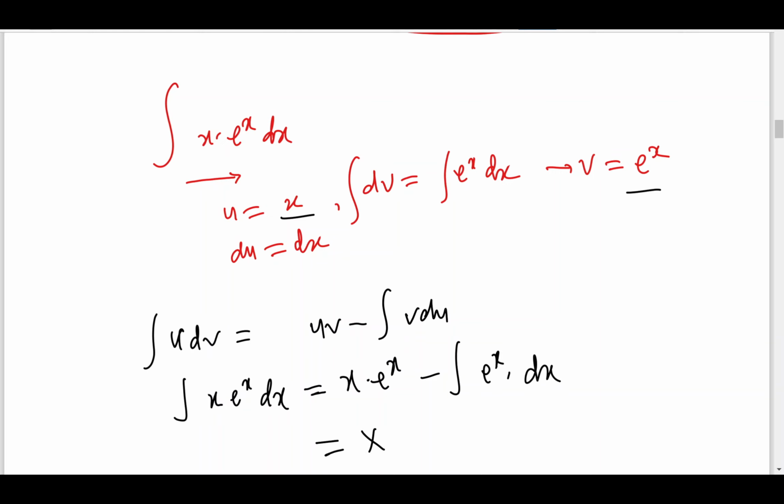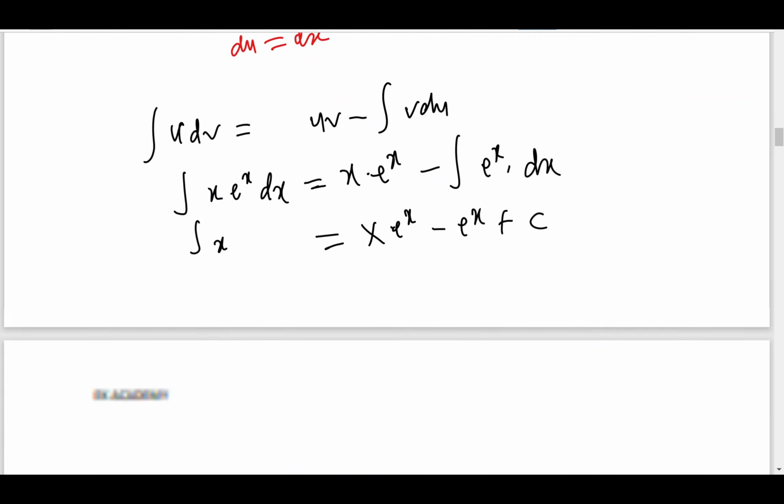So eventually we have x e^x minus e^x plus a constant, that is the integral of x e^x dx, dear students.